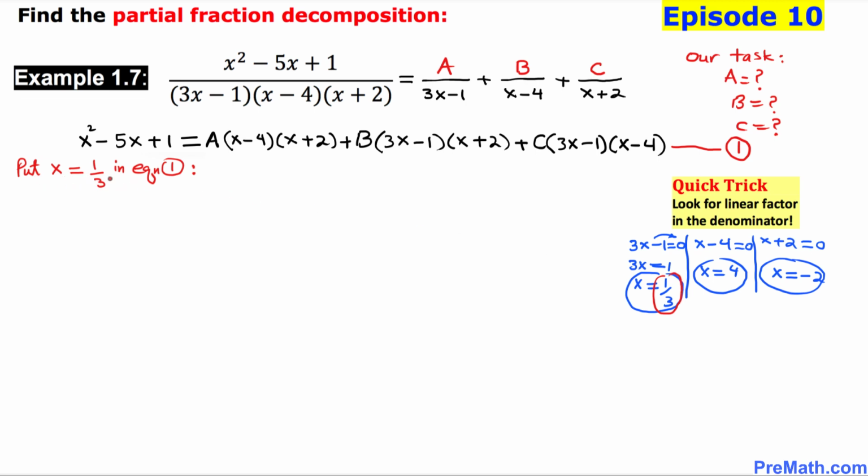And now let's focus on this x equal to 1/3 value, and here I wrote down put x equal to 1/3 in equation number 1. That means wherever we see x, I am going to replace it by 1/3. Let's go ahead and get started.